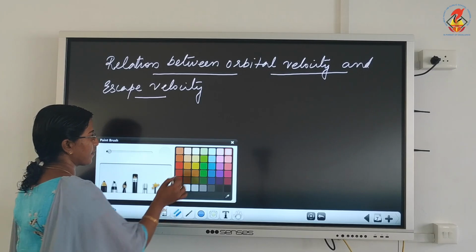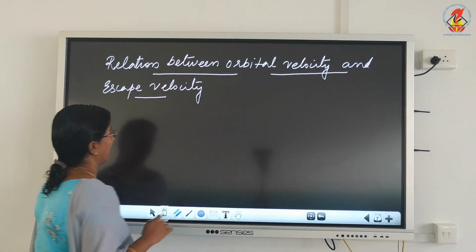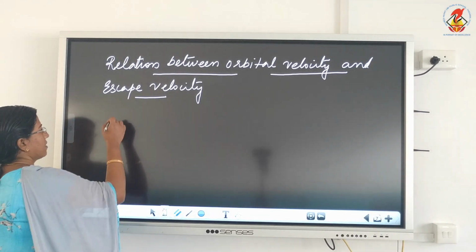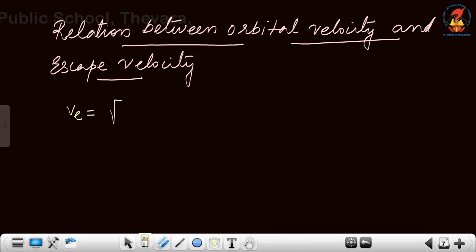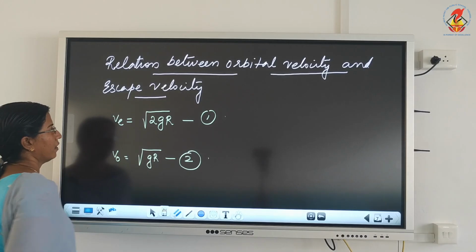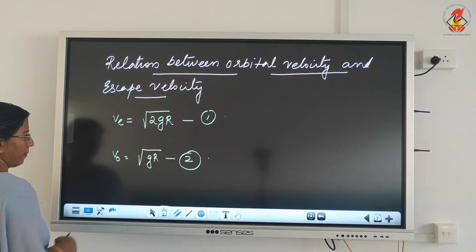Now, in the previous video, we derived the expression for escape velocity, and using the approximate condition we got escape velocity v is equal to root of 2gr. Now, the relation for orbital velocity is v0 is equal to root of g into r. Our next step is to divide equation 1 by 2.